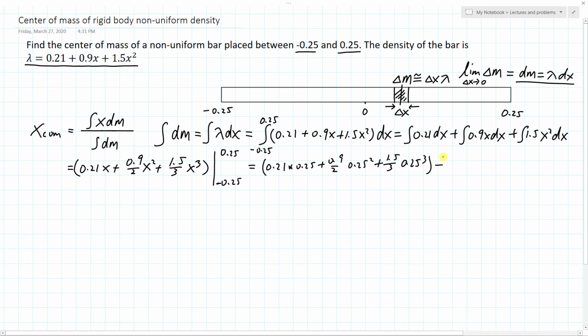Subtracting when you plug in the negative, it's negative 0.21 times 0.25. This one doesn't have the negative because you're squaring the negative quantity into a positive. So 0.25 squared, and now you have a negative again because the cube of a negative is still a negative. So minus 1.5 over 3 times 0.25 cubed.